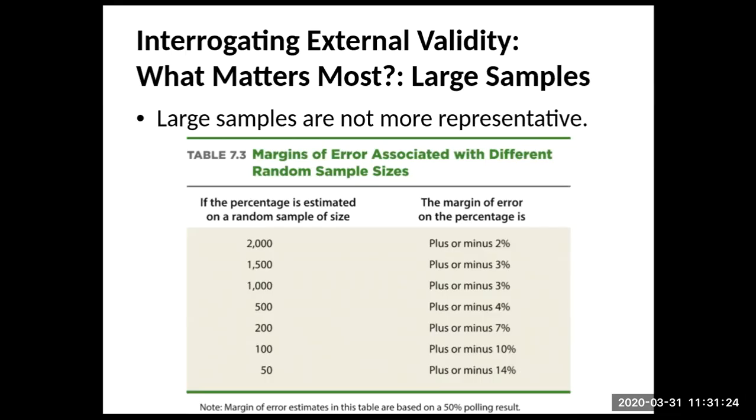The margin of error, as you see at the bottom, there's a little note that says estimates in this table are based on a 50% polling result. That's half of the population. And even that generates plus or minus 14% all the way to 2%. So, thinking about it, in the way that we talk about this, having 50 people in a random sample is still better than 200 people in a biased sample.